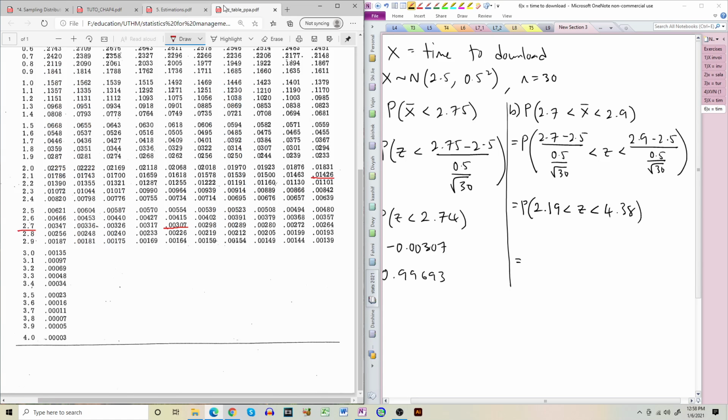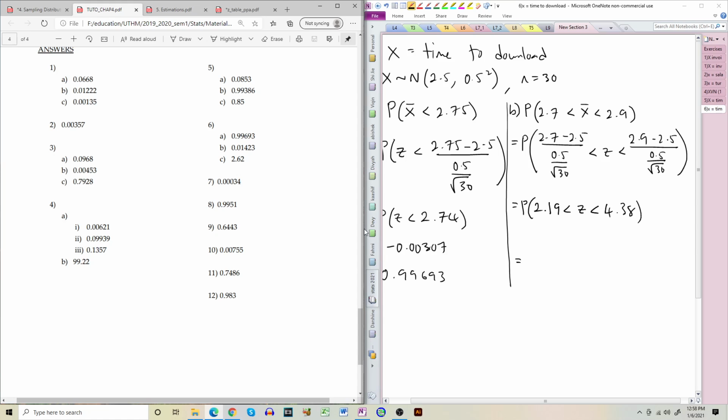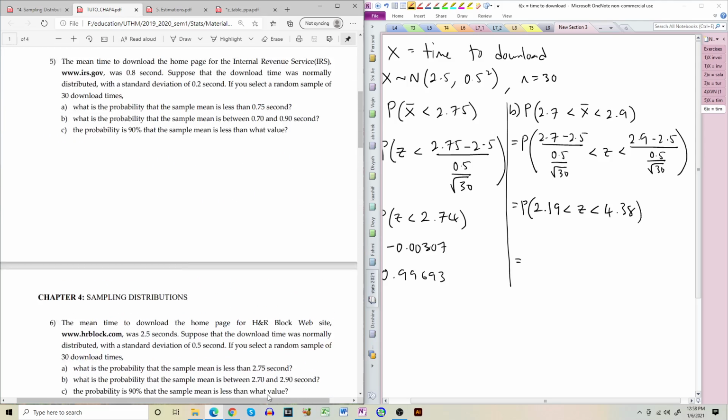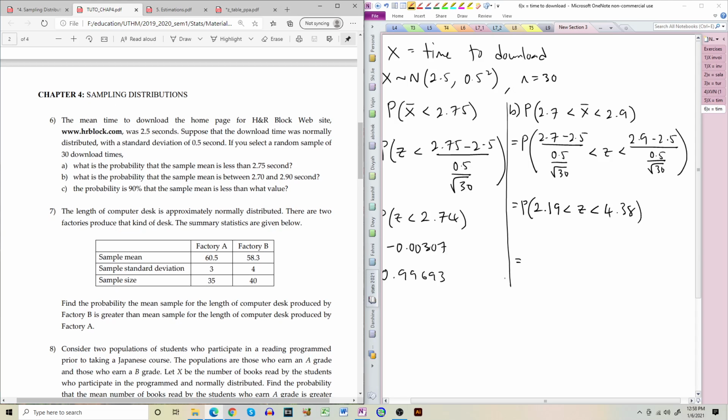So for question 6b here, if you draw the bell shape, it is supposed to be 2.19 and this one is 4.38. Since you don't have the 4.38 in the table, you have to find this one.